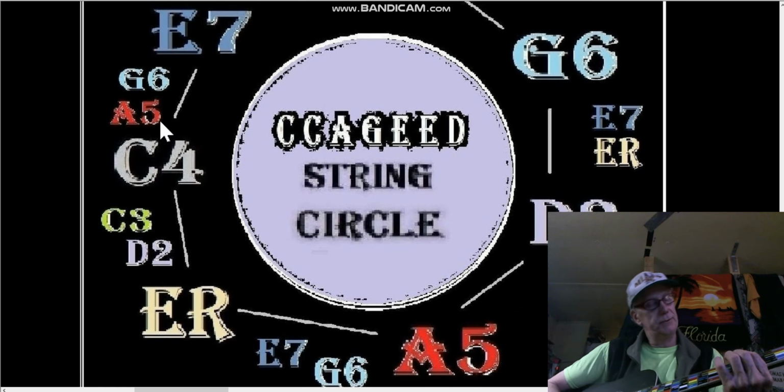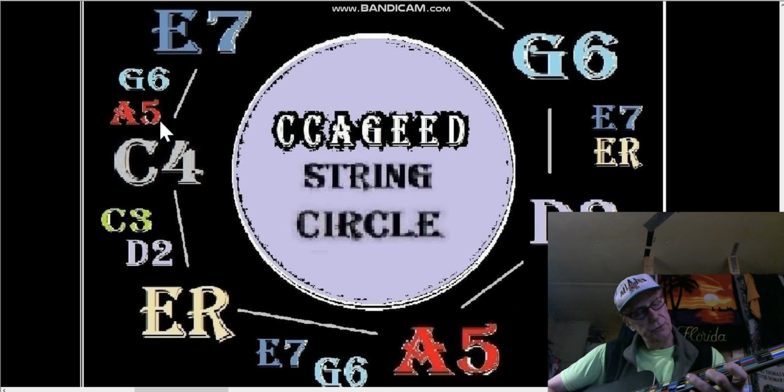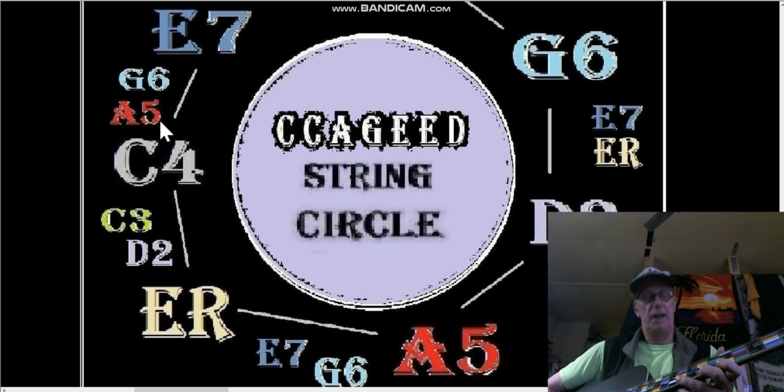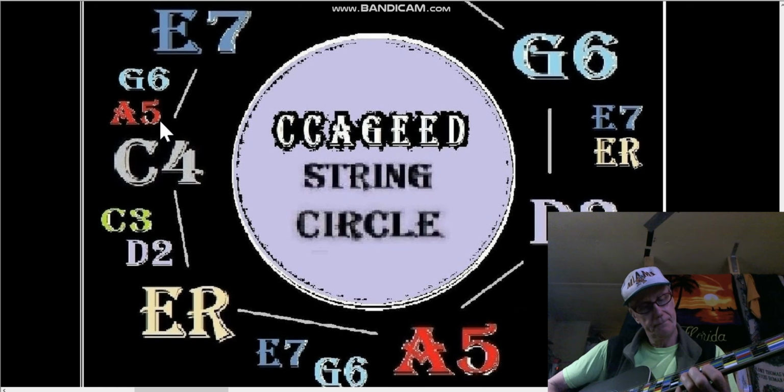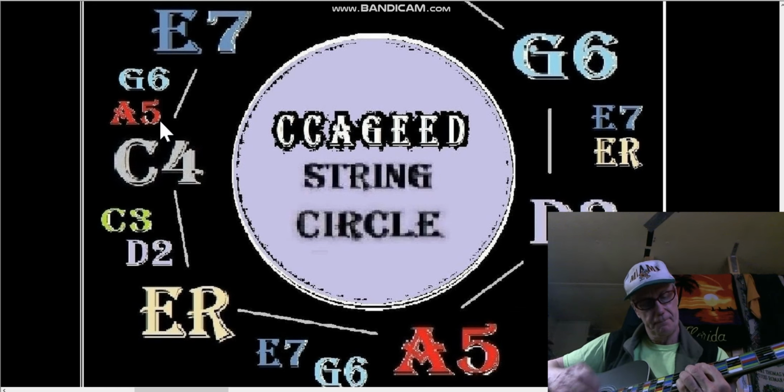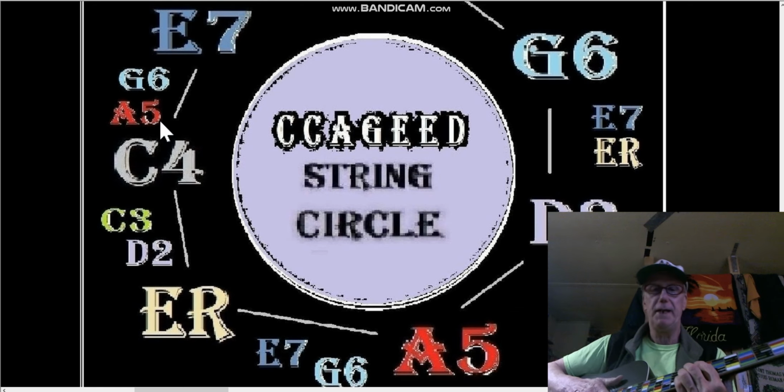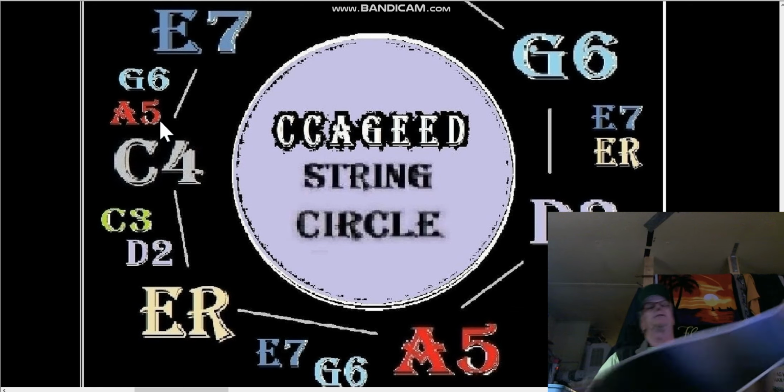So let's see that. 3 4 5 6 7 root 2 3 4 5 6 7 root 2 3 4 5 6. Right there is our traditional short A cage. A shape, action fingers.